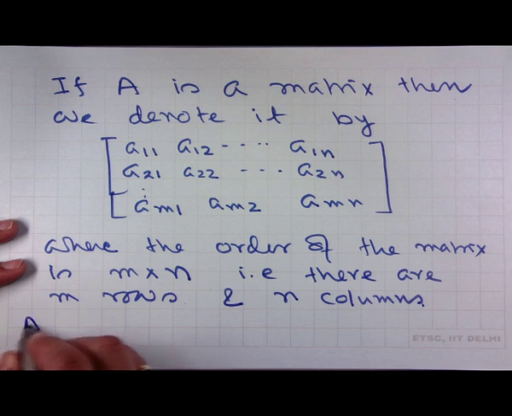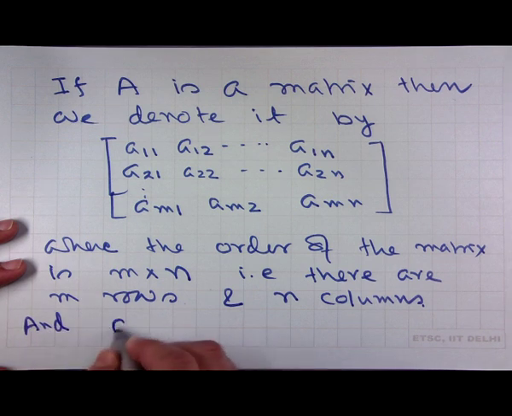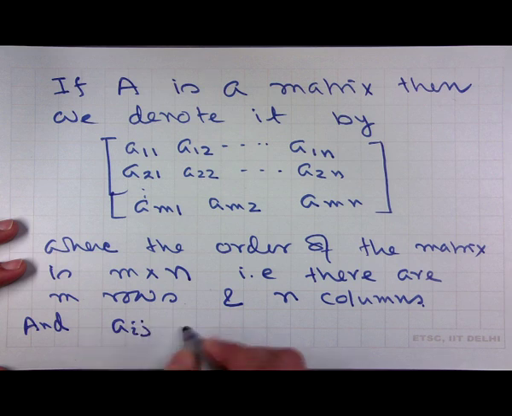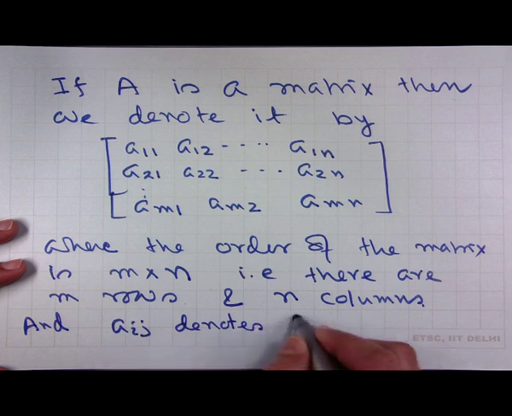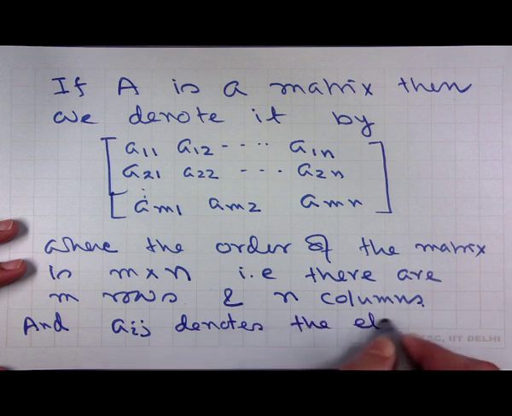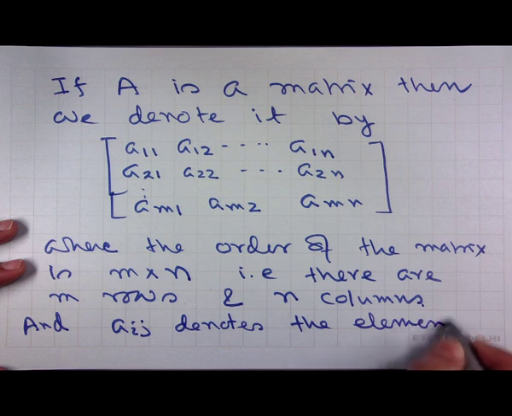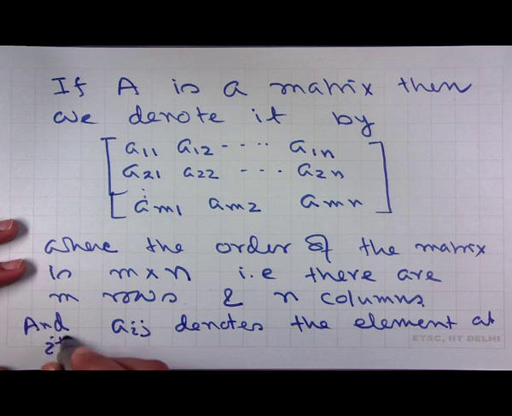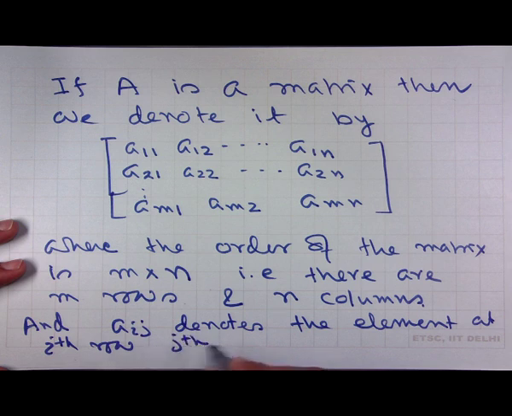And Aij denotes the element at the ith row, jth column position.